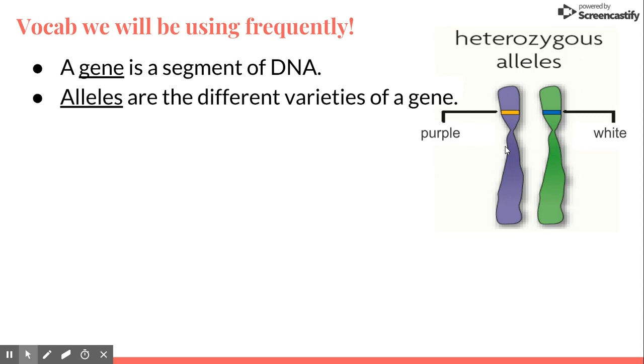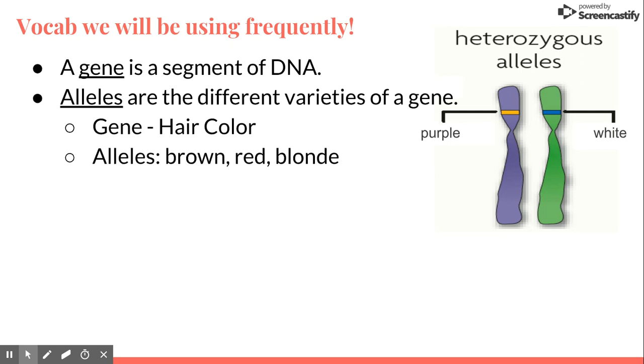This is a set of chromosomes for flower color in peas, and you have the purple allele and the white allele. Those are what we call the different varieties of a gene. Other examples would be hair color, with different varieties like brown, red, and blonde.